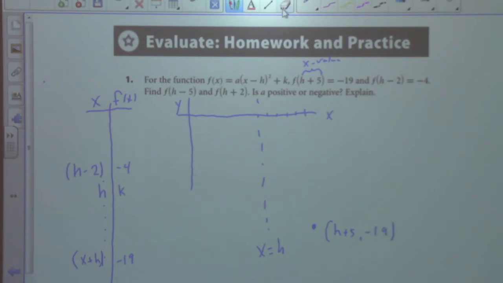I don't know why I put X plus H. It should be H plus 5. And then if we take H minus 2, what is our output value? Negative 4. So here we have this point here and this point here. So what does that tell us about what's going on here?